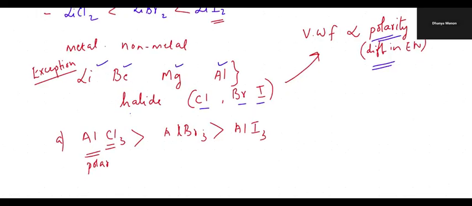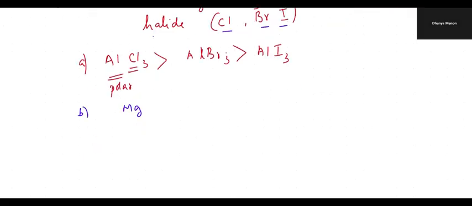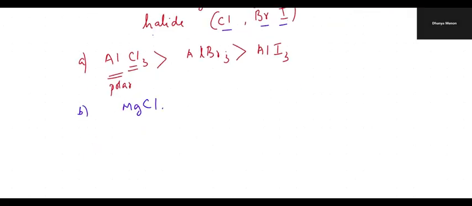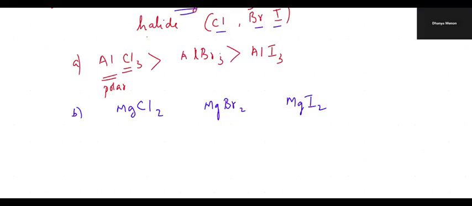Okay. For example, the second one, magnesium, I'm not talking about fluorine now. I have an exception there also. Magnesium chloride, magnesium bromide, and magnesium iodide. This is also a halide of magnesium, okay? So here chloride is more electronegative. So that means this will be the order.